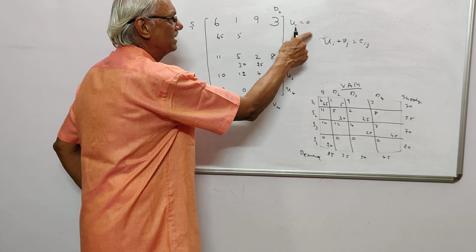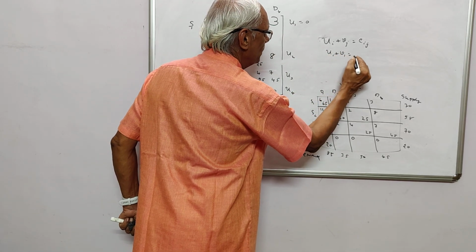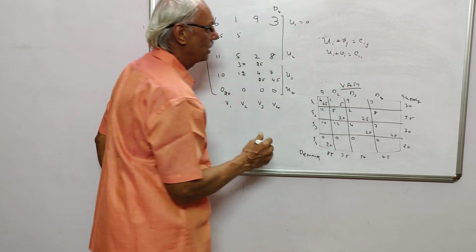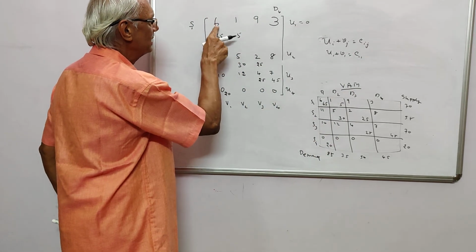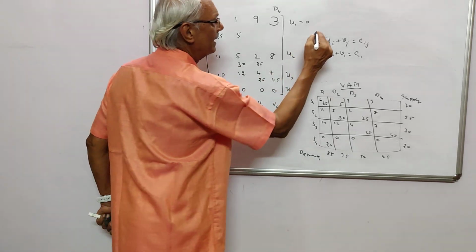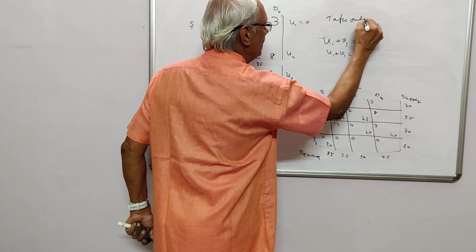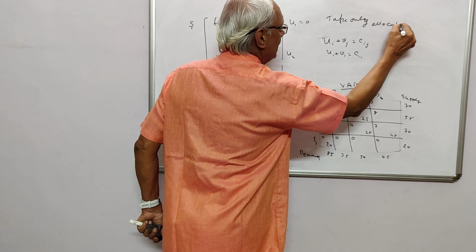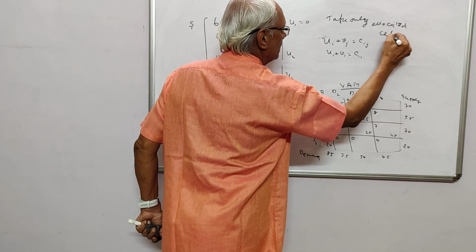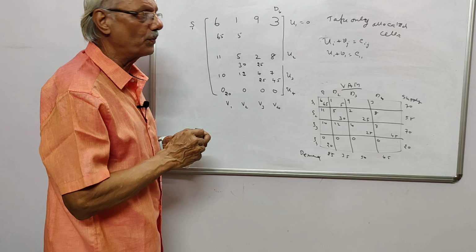For example, u1 plus v1 is equal to c11, that is u1 plus v1 is equal to 6, and take only the allocated cells and do this operation.